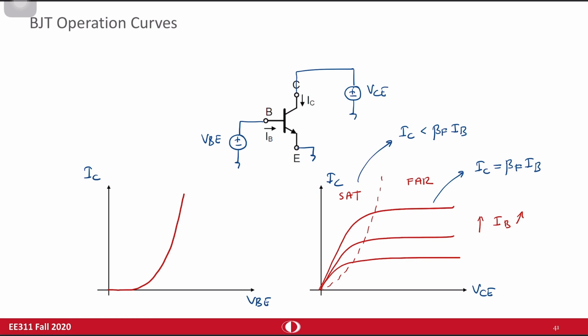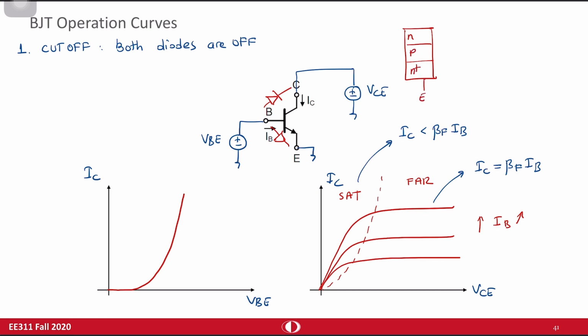So for bipolar transistor, in fact, you again have three operation regions. The first region is cutoff. In this case, both diodes are off. So assume that you have two diodes in here, one of them in this direction, the other one like this. Why? Because I have NPN, so this is emitter, collector, and base.